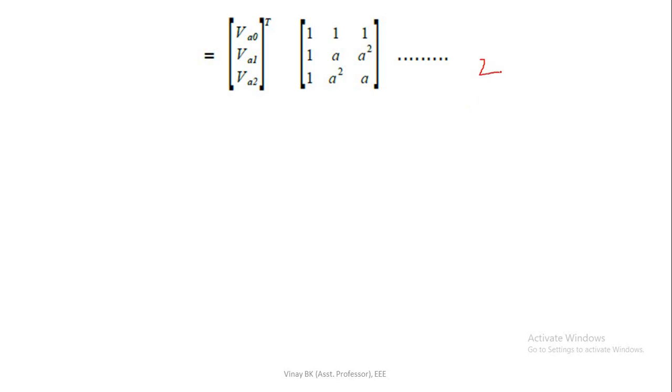Once you get this, we can apply the matrix rule: the transpose of A into B, the whole transpose, can be written as A transpose into B transpose.